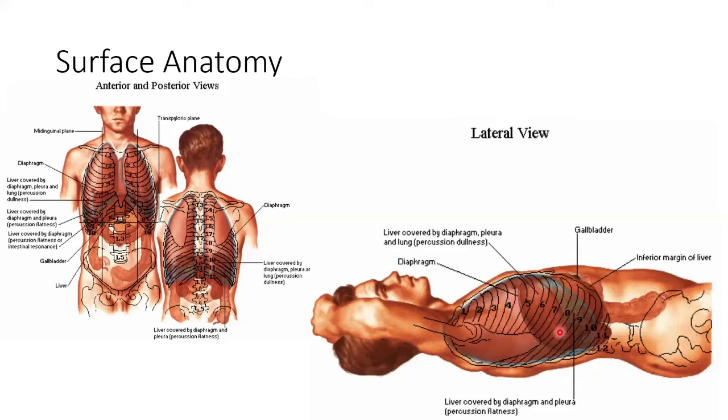Can anyone remember the level up to which it extends in the mid-axillary line? 10th rib. The 10th rib is actually the pleura. The parietal pleura extends up to the 10th rib. The lung? 8th rib. Yes, the 8th rib. Usually the surface marking of the lung is 2 less than the parietal pleura.